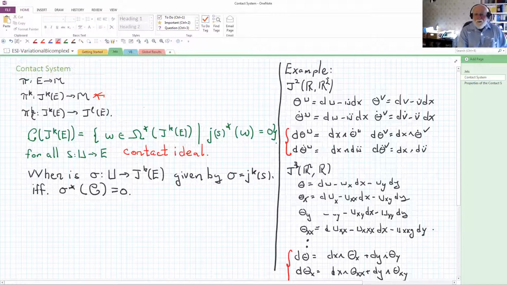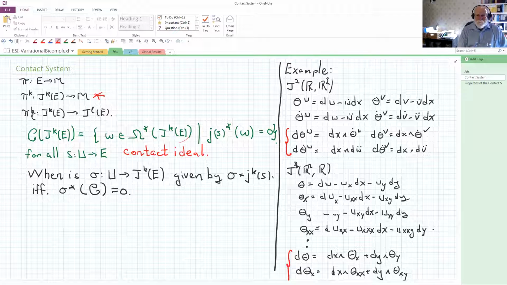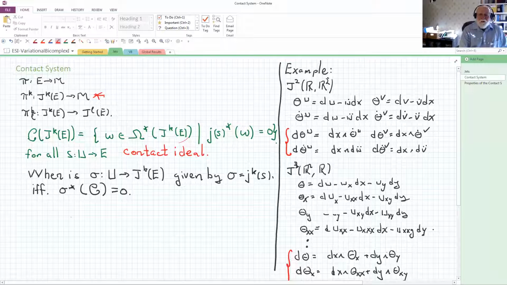And the definition of this contact ideal in the abstract is very easy to give. It's the set of all differential forms on the space which annihilate the lifts of any given section. And so this contact ideal actually characterizes the lifts of sections.